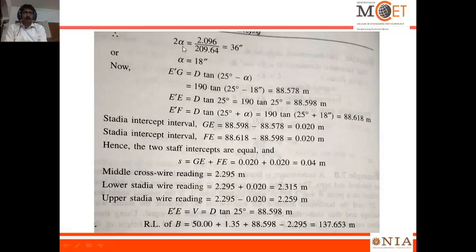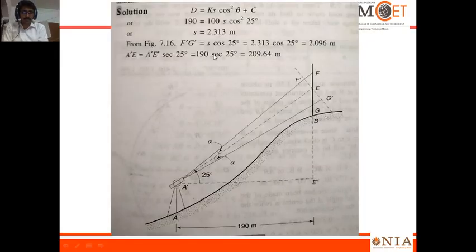and 2 alpha is equal to 2.096 by 209.64. What is 2.096? See, already we have obtained F dash G dash is equal to 2.096. It is based on the 2 alpha, right? 2 alpha is equal to opposite by hypotenuse, right?